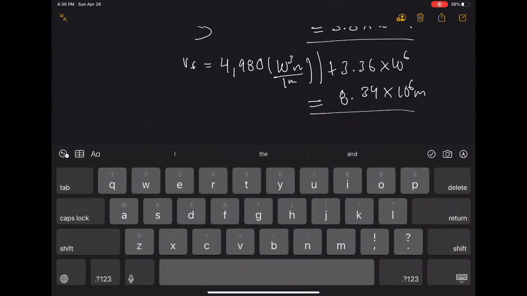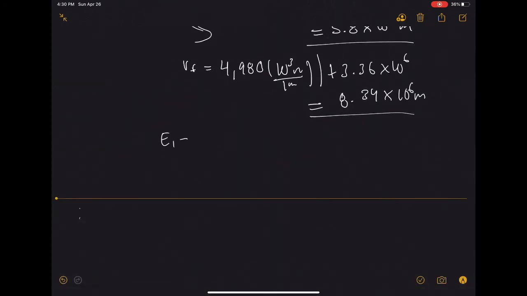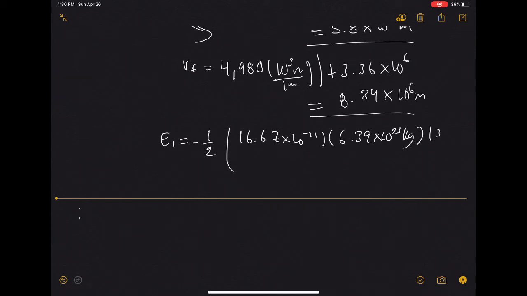So the initial energy is gonna be negative 1/2 times the constant G times the mass of Mars times the mass of the spacecraft over our initial r times 10 to the 6.